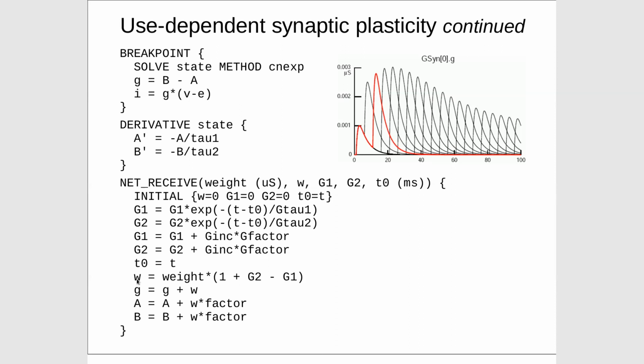So we calculate this value of W from the nominal weight, okay, which you used when you set up the NetCon in the first place, and you say, okay, when this thing is naive, it's going to have a weight equal to this numerical value, okay?